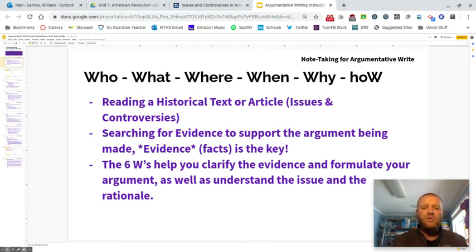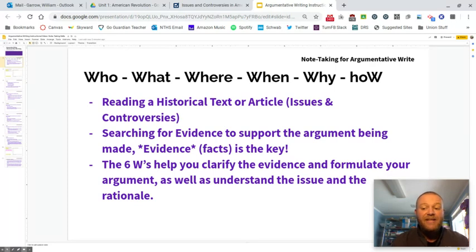A couple of things to note. We want you to search for evidence, right? And evidence being what were the people saying, doing, thinking, when was it happening? All of those factual things, right? Not opinions, but factual evidence of what occurred, who did it, where did it happen, when, why, and how.